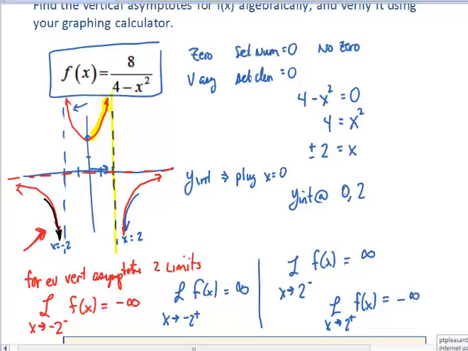So we did all these exercises in class. We talked about these limits, and we tried to describe these asymptotes with two limit statements.